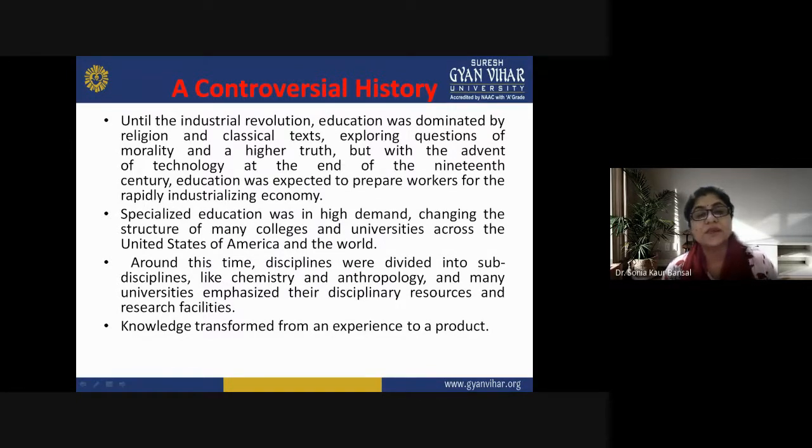Around this time, disciplines were divided into subdisciplines like chemistry and anthropology, and many universities emphasized their disciplinary resources and research facilities. All right, students, I hope you are understanding that around this time, disciplines were divided into subdisciplines. Psychology, for example, was divided into clinical psychology and educational psychology.